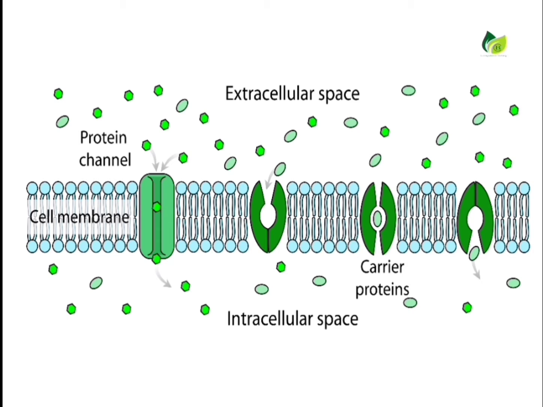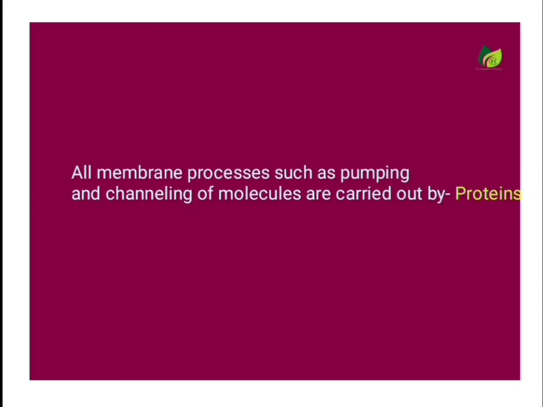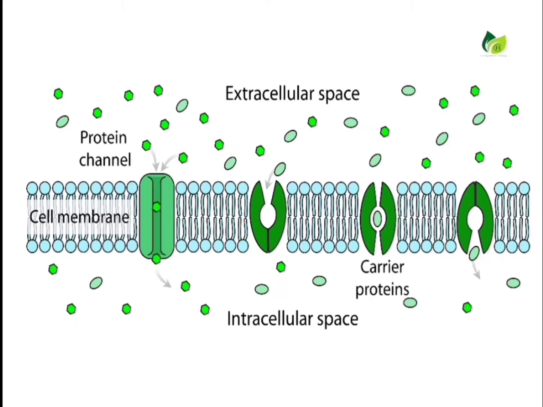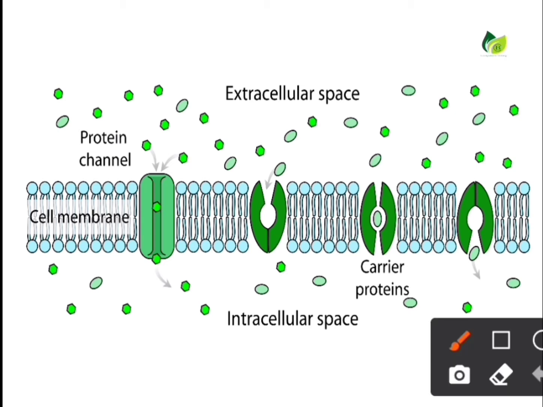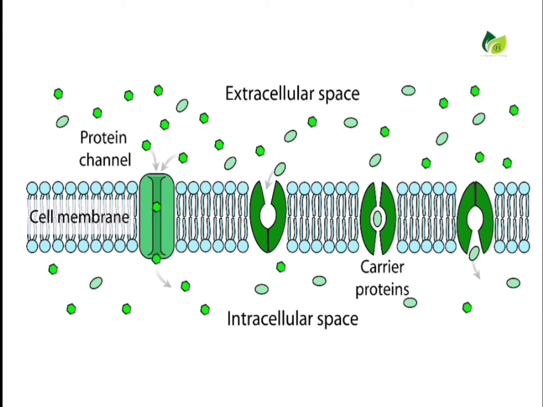They provide a continuous passage. Here you can see the channel protein giving a continuous passage for the movement of molecules. The channel proteins may be selective for a particular type of ion.